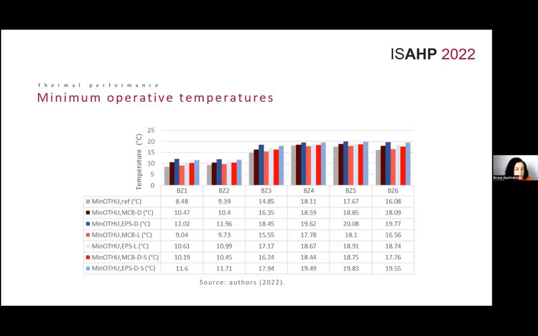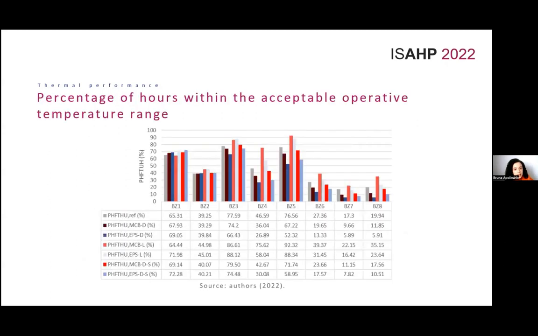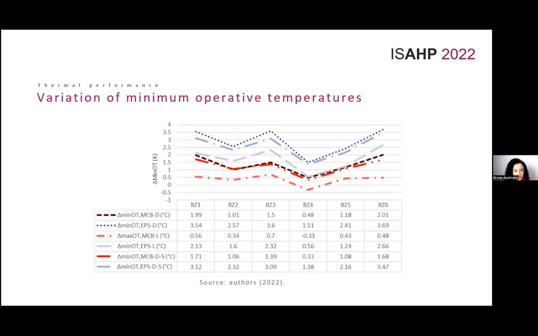For minimum operative temperatures, the EPS in all locations presented the highest values. And in the variation of this parameter, it can be seen the decreases that occur with the shading of the windows and the use of light colors.